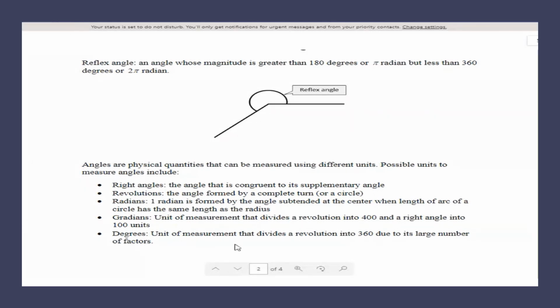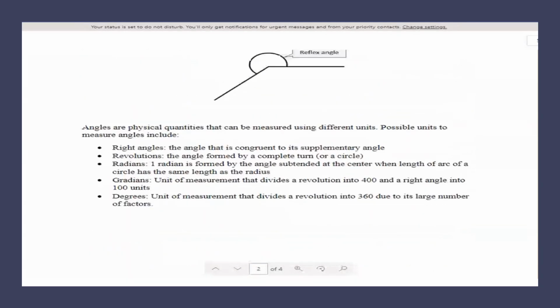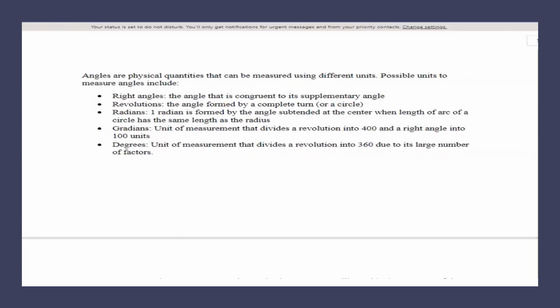And then it says degrees is the unit of measure that divides the revolution into 360 due to its large number of factors. Actually, apart from its large number of factors, it was done because the Babylonians believed that a year, or the sun moving around the earth, took exactly 360 days.